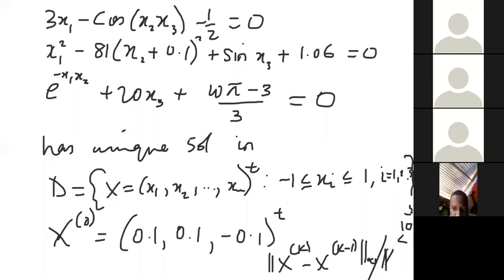So we are going to make xi the subject of the formula in each of these equations. Using the first equation, I'll make x1 the subject of the formula. Using this equation, I'll make x2 the subject of the formula.